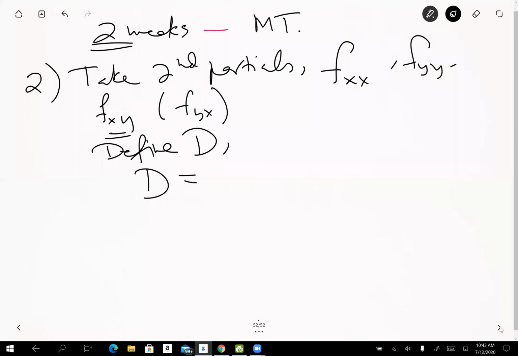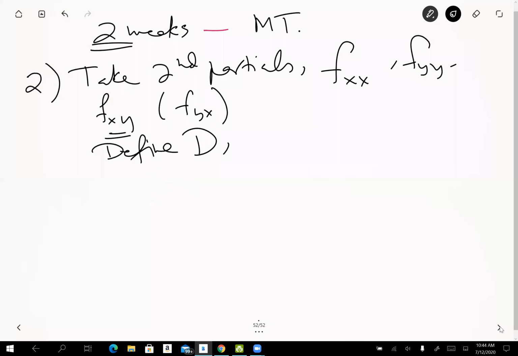Because that D is slightly different from the one we were doing in the first derivative case. Let me find the D first. Okay, define D equal to fxx. I think I will write the full form.